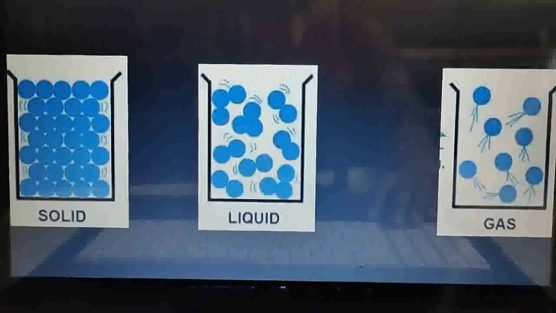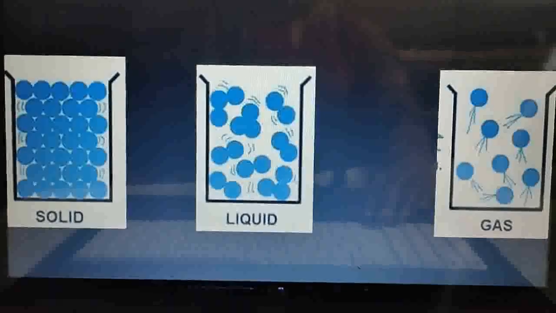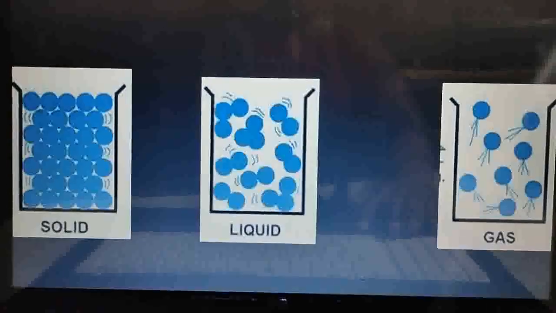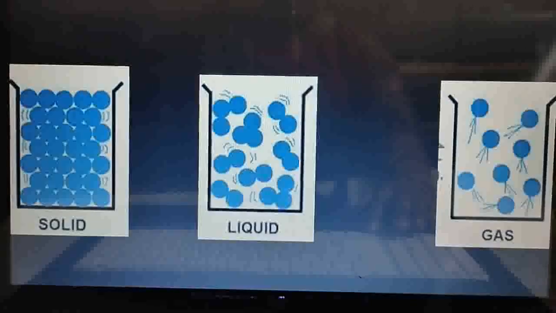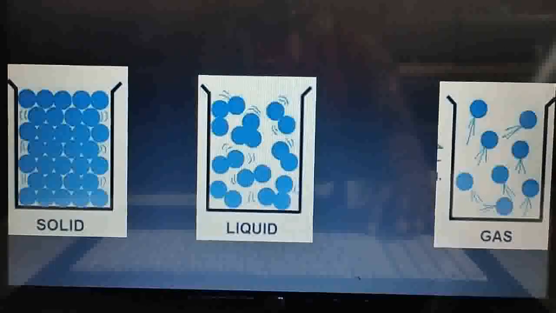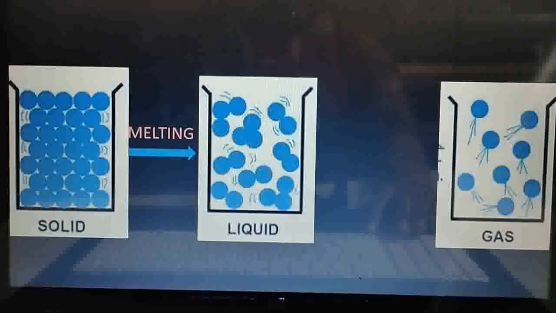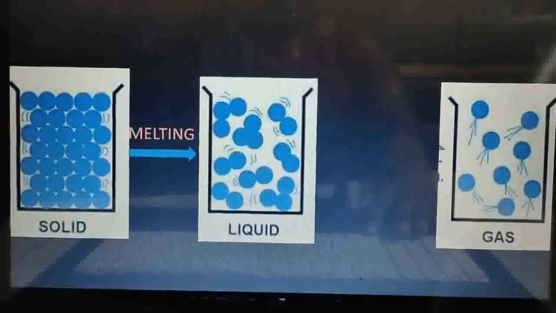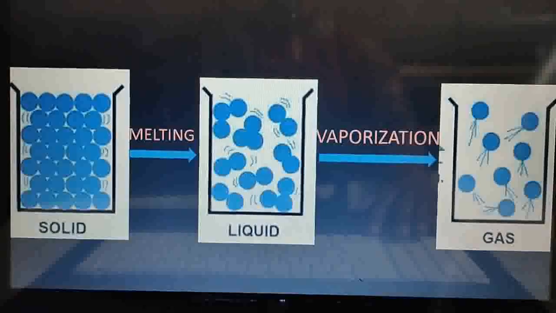Children, a brief review. What is melting? What is vaporization? Melting is conversion of solids to liquids. Remember the molecular arrangement of these substances? Yes, conversion of solid to liquid, we call it melting. And when we heat a liquid, it is converted to gas. And what do we call it? We call it vaporization.